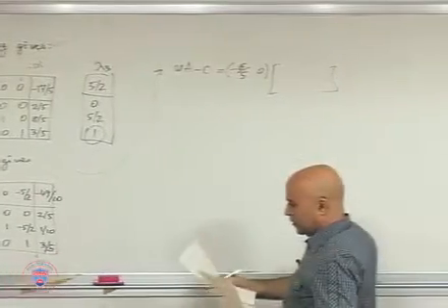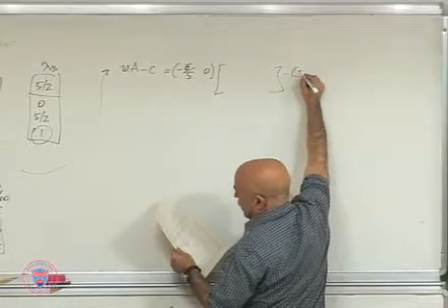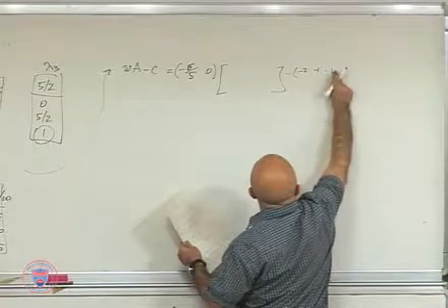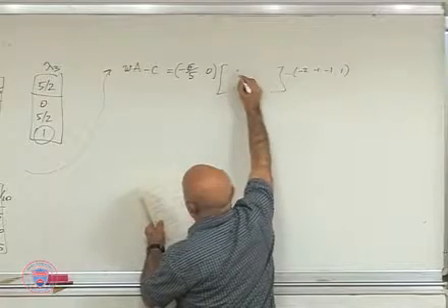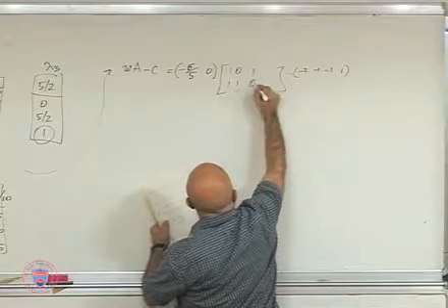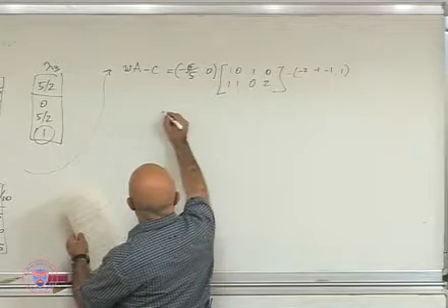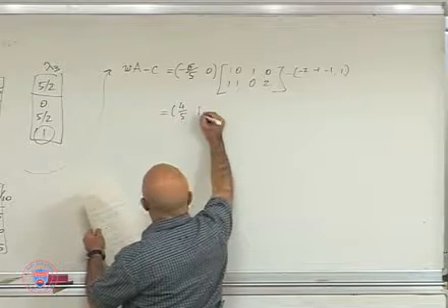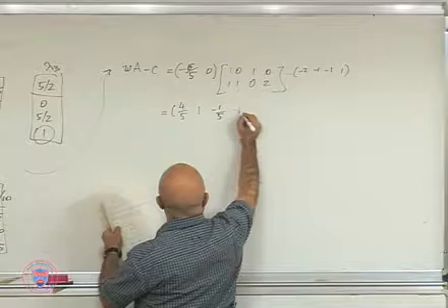And it's going to give you minus C. Okay, so the result of this is 4/5, 1, minus 1/5, and minus 1.